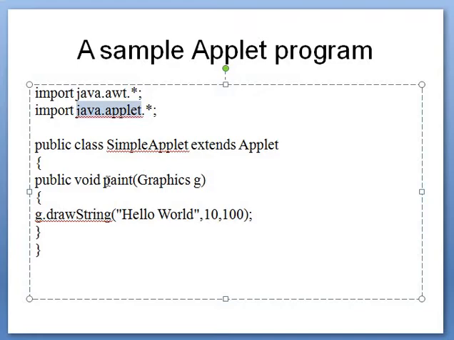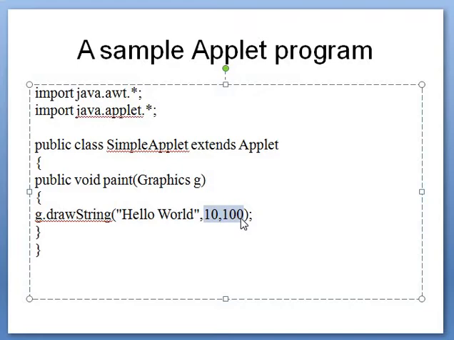Inside paint is a call to drawString. See, g.drawString followed by the string "Hello World", followed by two values, 10 and 100. drawString is a member of the Graphics class and outputs a string beginning at the specified x, y location. Here 10 is the x location and 100 is the y location.